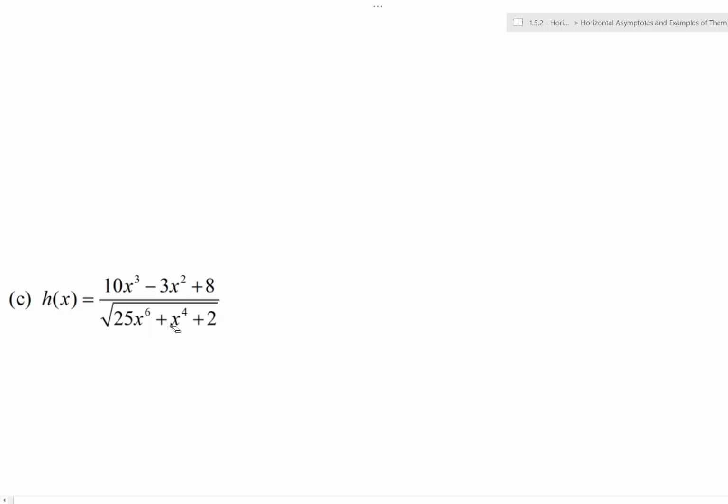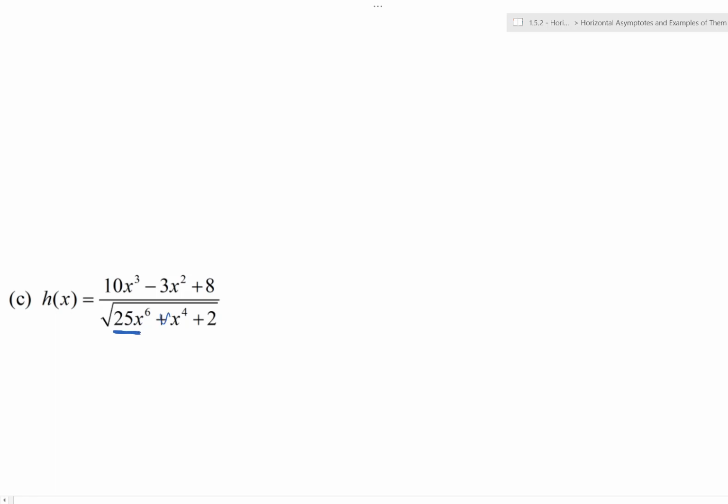Because the term 25x to the 6 in that polynomial tells us the long-run behavior, the other terms, x to the 4th and 2, don't matter in the long run. The 25x to the 6 dominates.